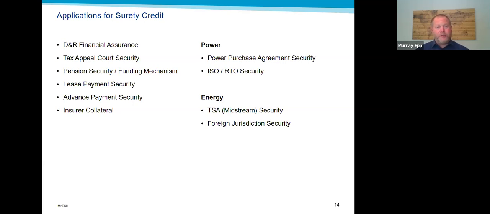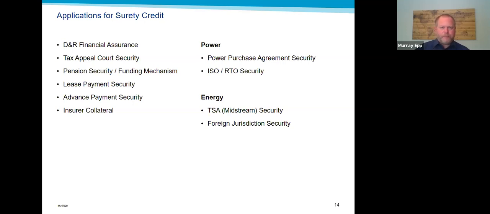There's tax appeal court security solutions where we've seen hundreds of millions in letters of credit in different court disputes where it's posted to the court, and there is opportunity there to use surety bonds in lieu of letters of credit. We've had some discussions with some tax lawyers, and there's some legal opinions on the street that really suggest that even though it needs to be done on a customized or bespoke basis every time, there is opportunity to use bonds for that type of security.